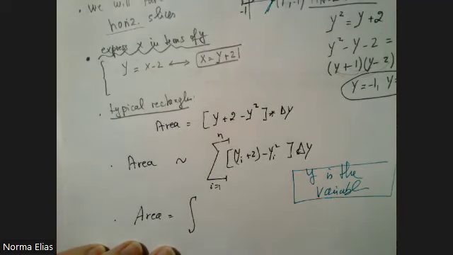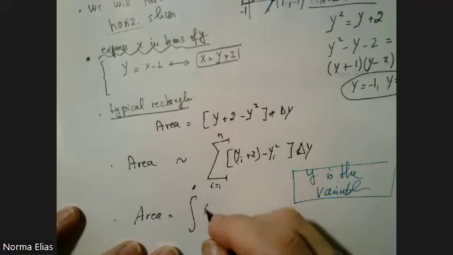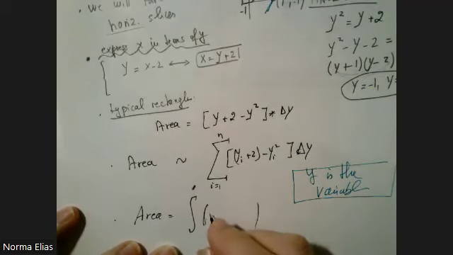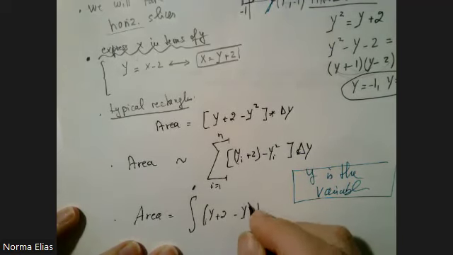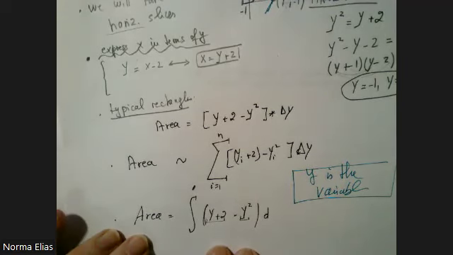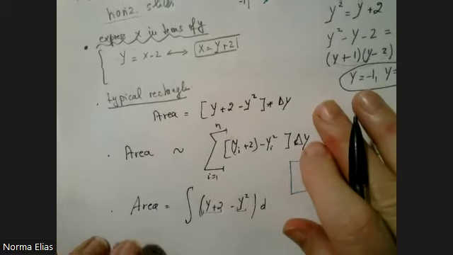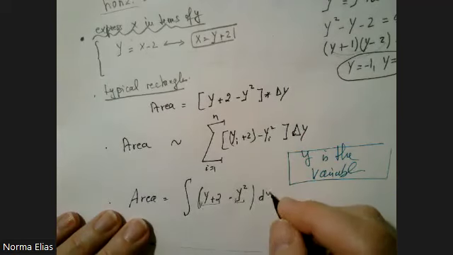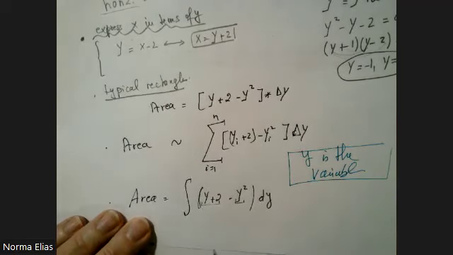So this is going to be the following, the integral of y plus 2, the right curve, minus y squared, the left curve. And what shall I put here? The x or dy? dy. Be extremely careful with those.